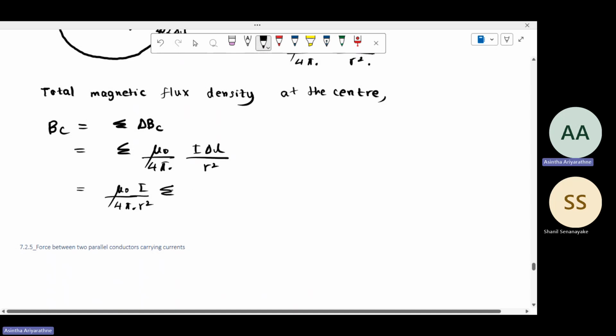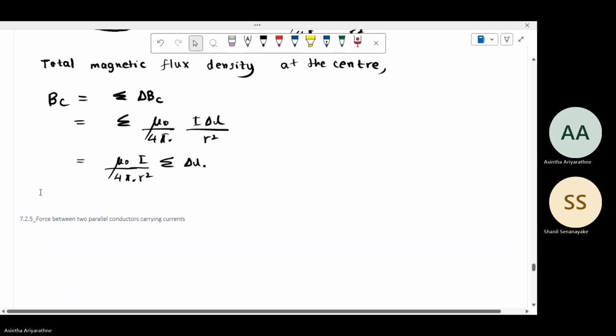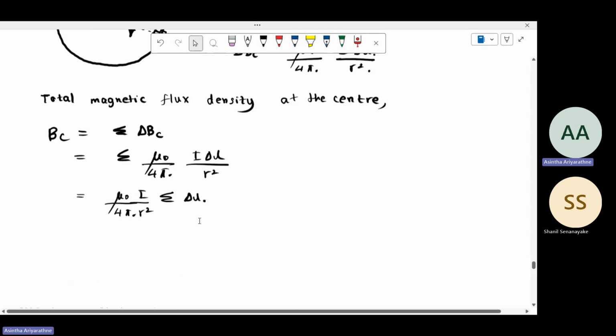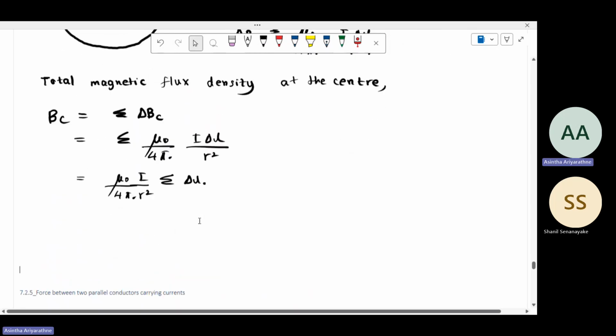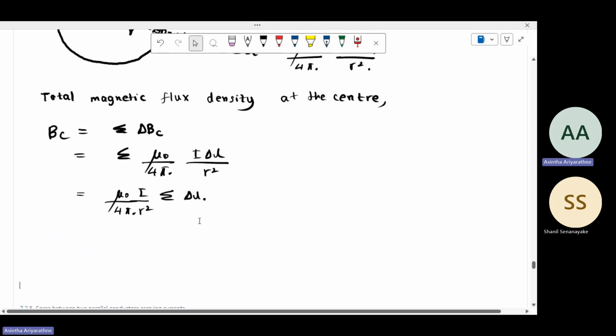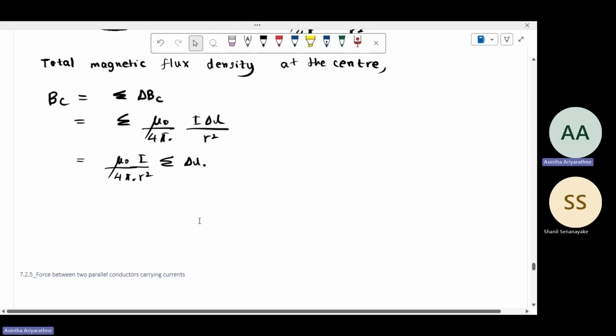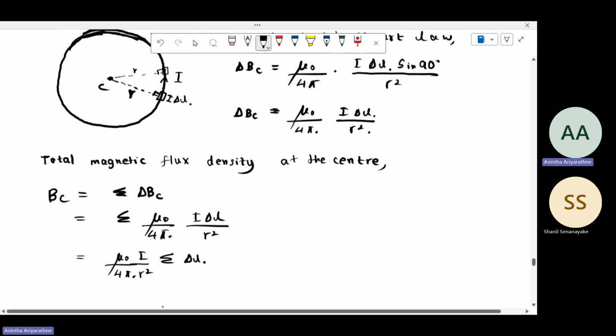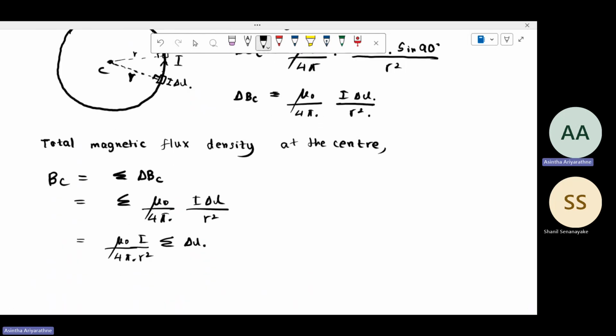So this is the sigma notation, sigma delta L. So the sigma of delta L, adding small delta L elements, gives the total length of the conductor. The total length of the conductor is the circumference, 2 pi R. So sigma delta L represents the addition of small delta L elements.